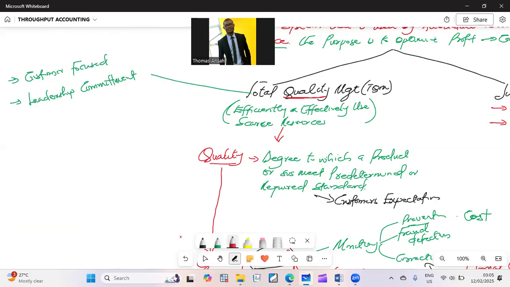If you want to do a quality church service, then your focus should be on your members. Leadership must have the commitment. Some people complain about sound. The leaders are not buying this, especially in my church. It has always been an issue. But not only that, we need everybody's involvement. So employee involvement is needed.